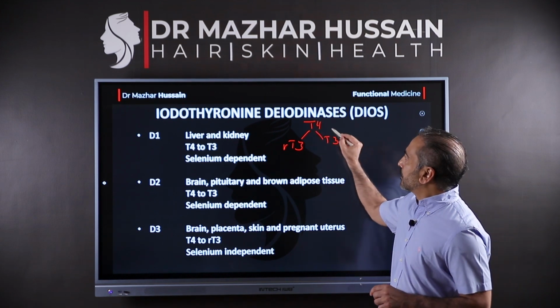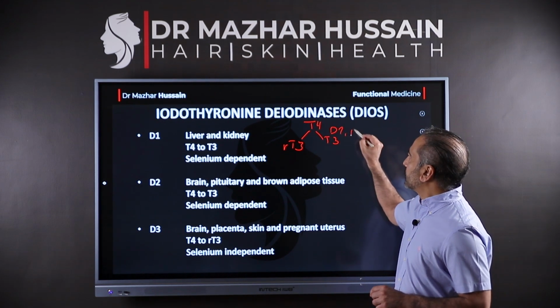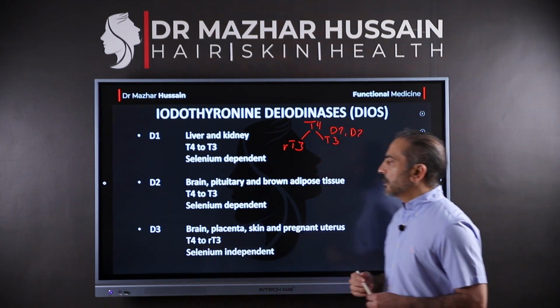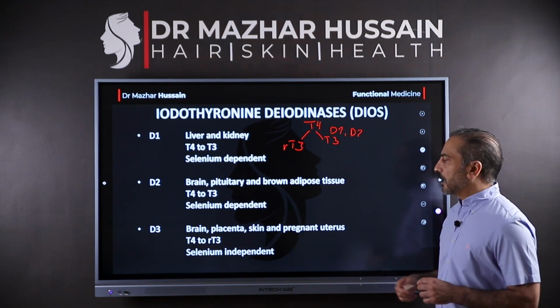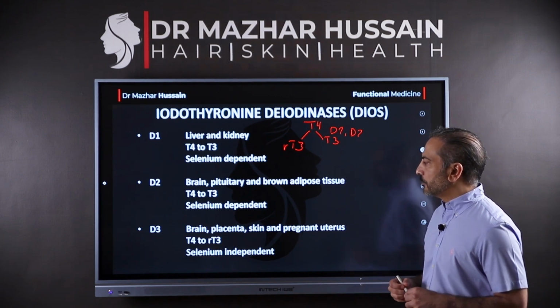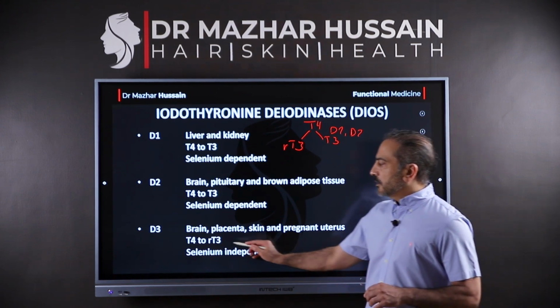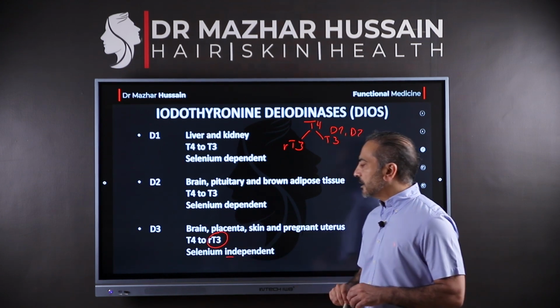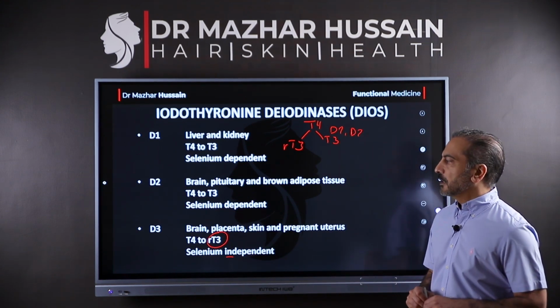So we have them over here, as we mentioned earlier also. And then we have the D3, which is found in the brain, placenta, and it's also found in skin and the pregnant uterus. It's the conversion to reverse T3, and it's a selenium independent enzyme.